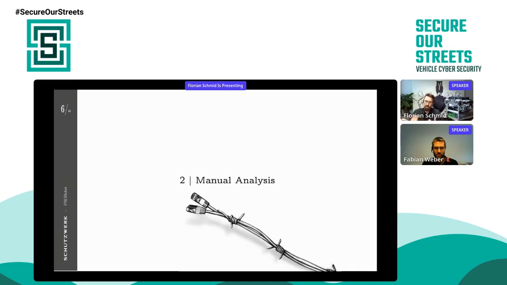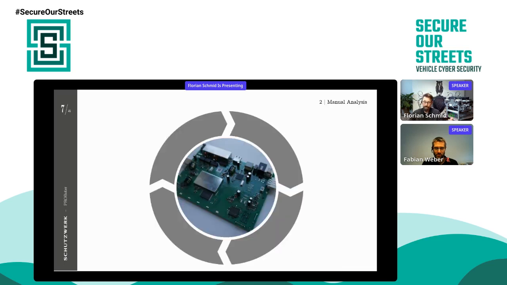So just to give you an idea how such an attack analysis is performed, I would like to introduce the usual, common way to perform a manual analysis. Manual analysis usually consists of 4 steps. First of all, doing a visual analysis of the PCB under test.